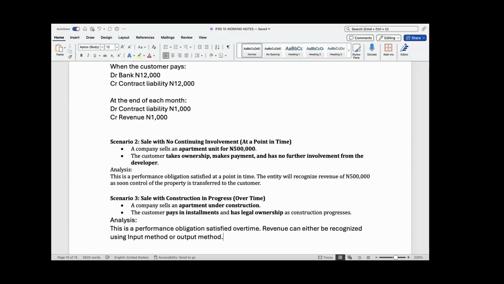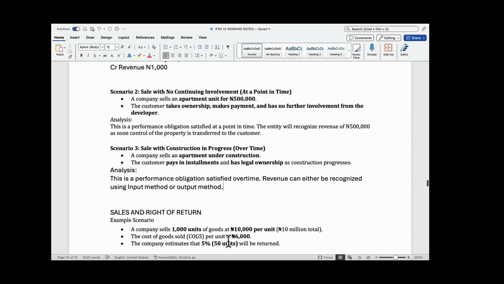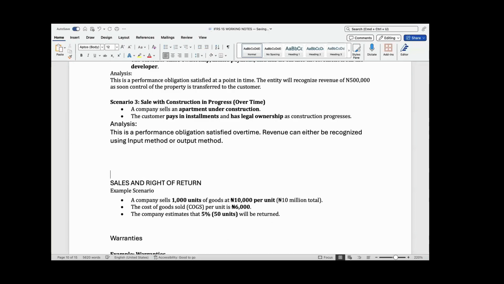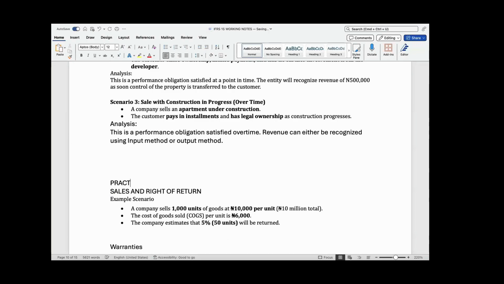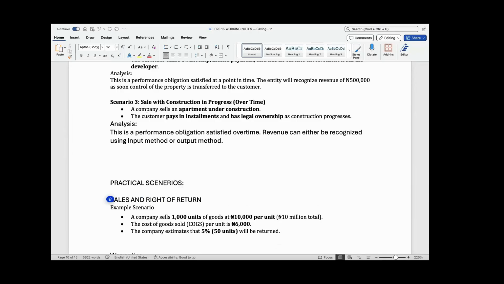If you have done 80% of the project or 20%, every month you should be able to know. Either of them is fine, but revenue is recognized as you progress on a monthly basis. And that's the hallmark of revenue recognition. Any questions?